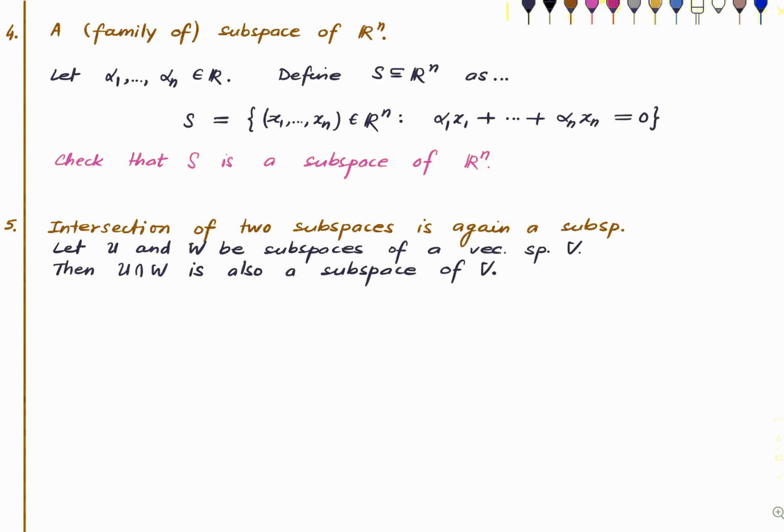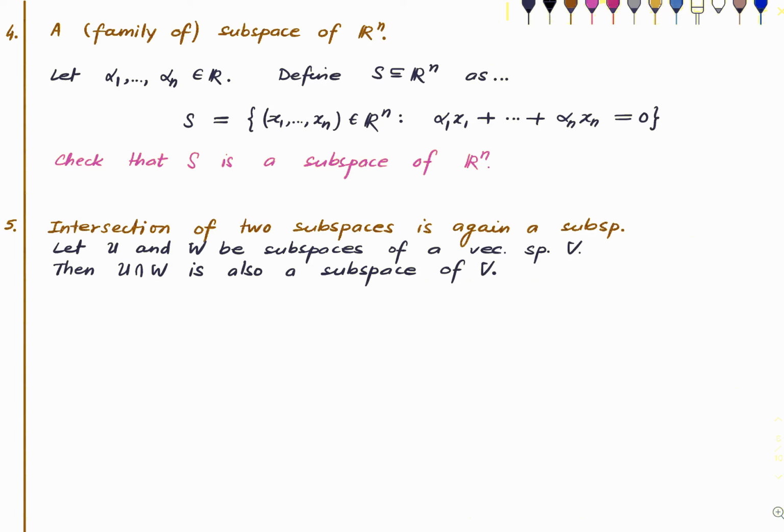So intersection of any two subspaces is again a subspace, and therefore you can jazz up this example to create more subspaces. This subspace is obtained by writing one algebraic equation. You can write several algebraic equations and again you will get a subspace. When I say algebraic equations, I mean quote-unquote linear equations. You do not see quadratic terms here.